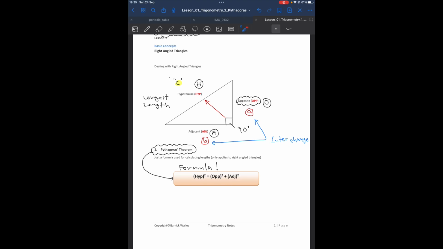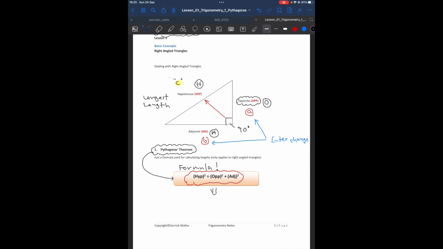But the key thing is that it represents a relationship between the three sides of your right-angled triangle and how they are related to each other. So the length of the hypotenuse squared is equal to the length of the opposite squared plus the length of the adjacent squared. It's a formula that you will just have to remember. You'd no longer get that in the formula sheet.